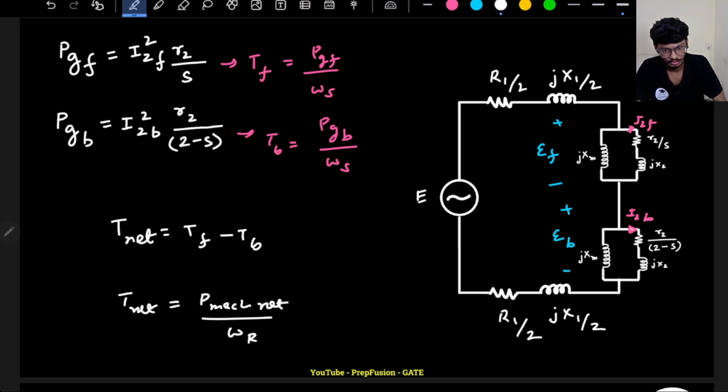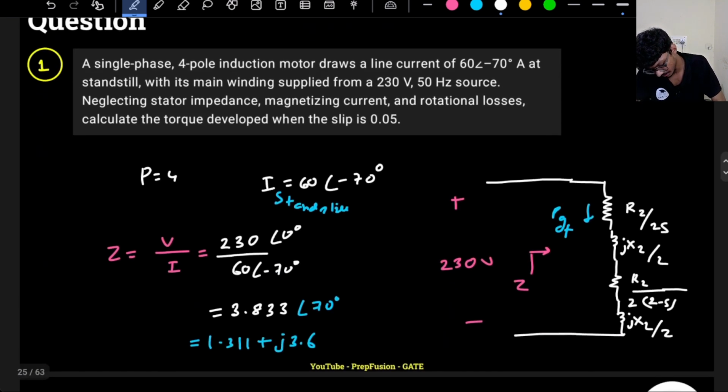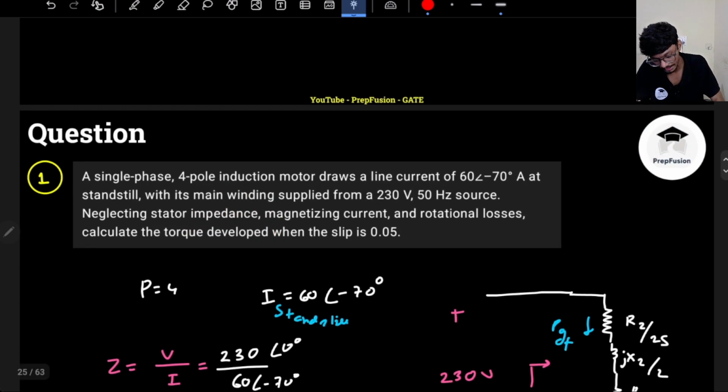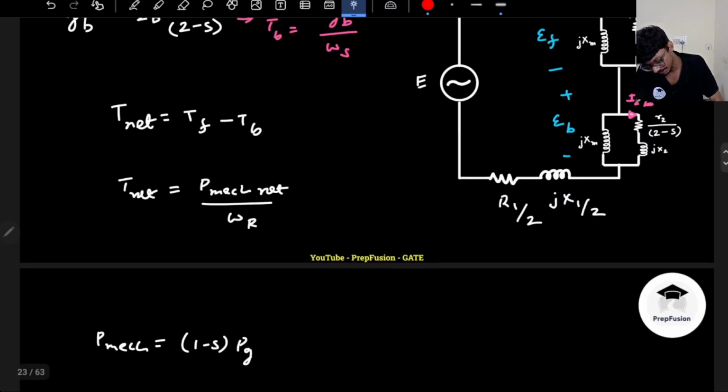You can also divide it by omega s; either way it will work. They are asking me to calculate the torque developed. It is asking what is the torque developed, not the torque at the shaft power, right? So this is a net torque output.